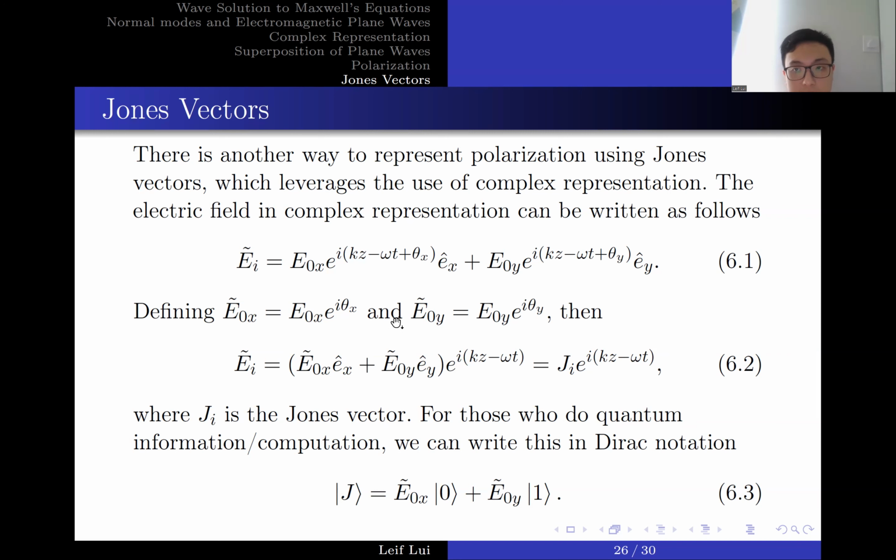So we can define it in this manner. If we define it like this, we get this vector, right? So we get E tilde naught x plus E tilde naught y times the oscillatory part.